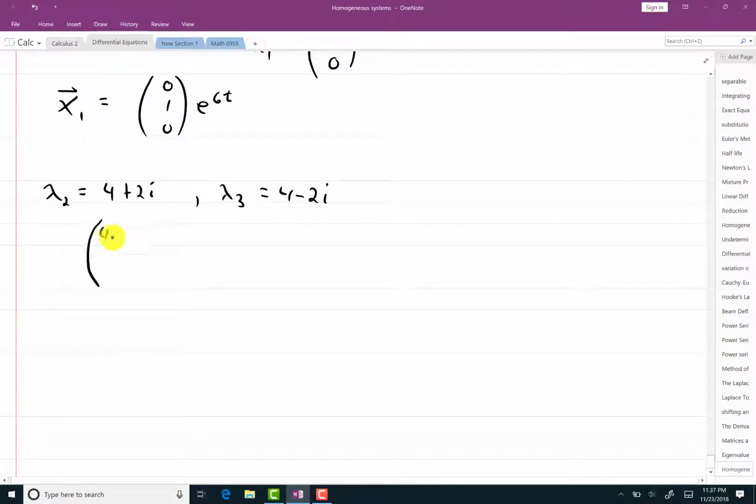Here we had 4 minus 4 plus 2i, 0, 1, 0, 6 minus 4 plus 2i, 0, negative 4, 0, 4 minus 4 plus 2i.